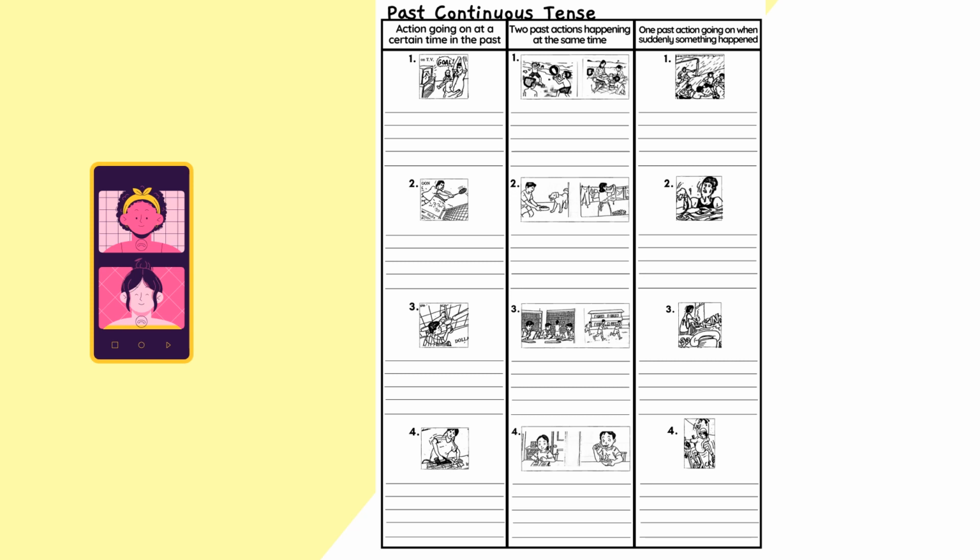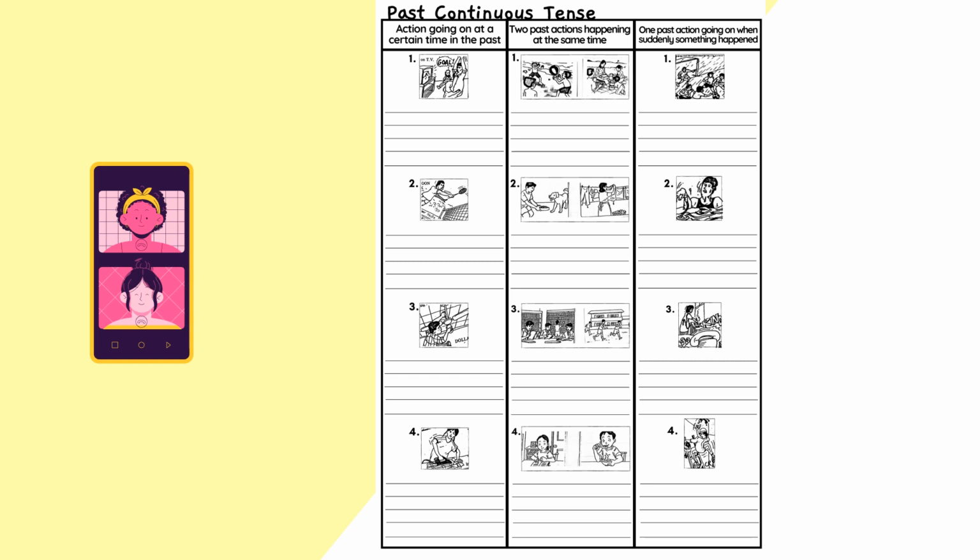Action going on at a certain time in the past means 以前发生的，你要强调那时候它正在发生。So that's why I always ask you to write 以前正在发生。Okay, alright. So 你要强调已经过了，你要强调那时候它正在发生。The second one is two past actions happening at the same time.